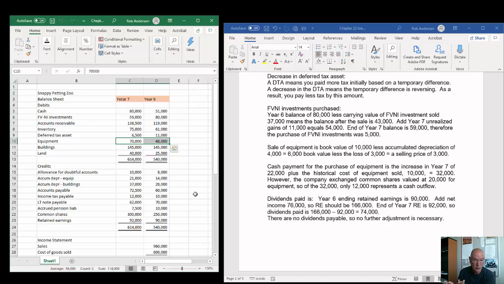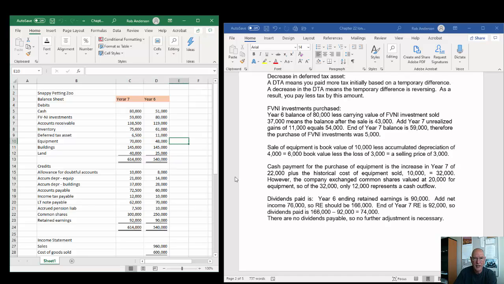Now that's good because it's historical cost, but we also know that equipment with a historical cost of $10,000 was sold. So I'm going to add those together, and I'm adding them because of this.